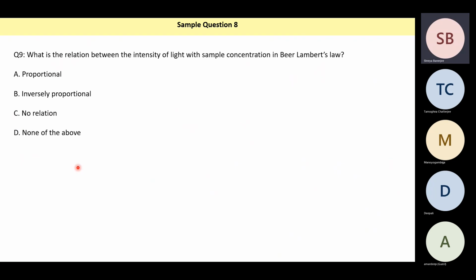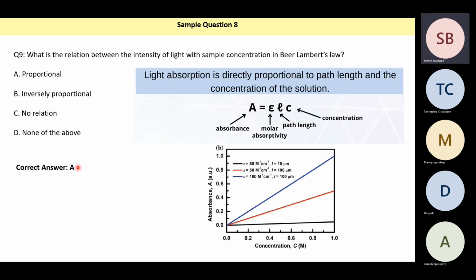The eighth question is: what is the relationship between the intensity of light with sample concentration in Beer-Lambert's law? So the answer here is proportional.